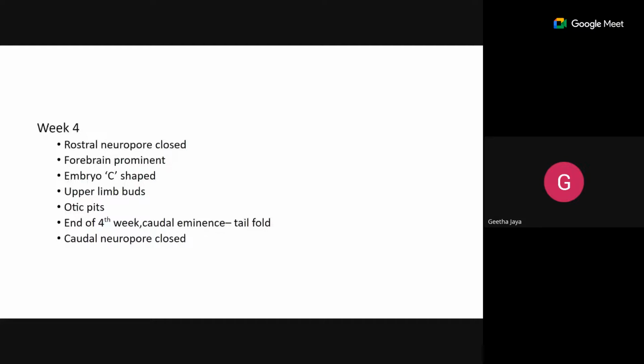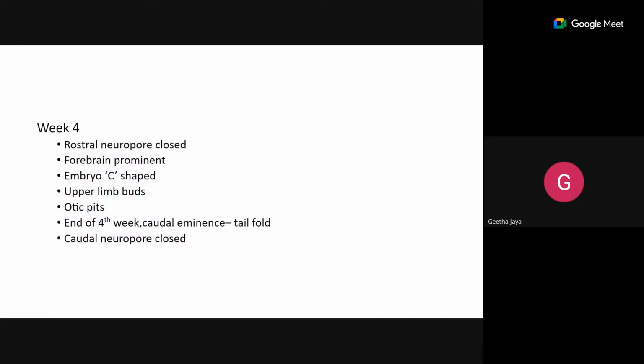We have said occipital somites early, the cervical somites, we have 8 cervical somites, we have 12 thoracic. So at that region, a bud arises. That is the upper limb bud, which appears first compared to the lower limb bud.